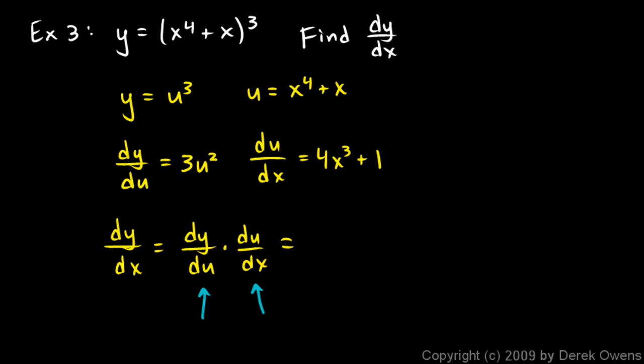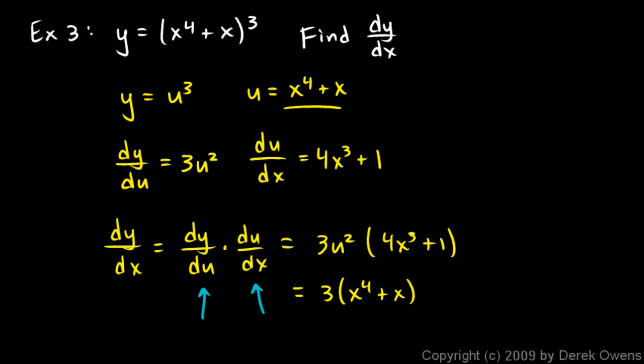So this is 3u squared times 4x cubed plus 1, and then we substitute back in for u. So this is 3(x to the fourth plus x) squared times (4x cubed plus 1). Now I'll take you through the solution where you go from here to here in one step in your head by thinking of it as a procedure.